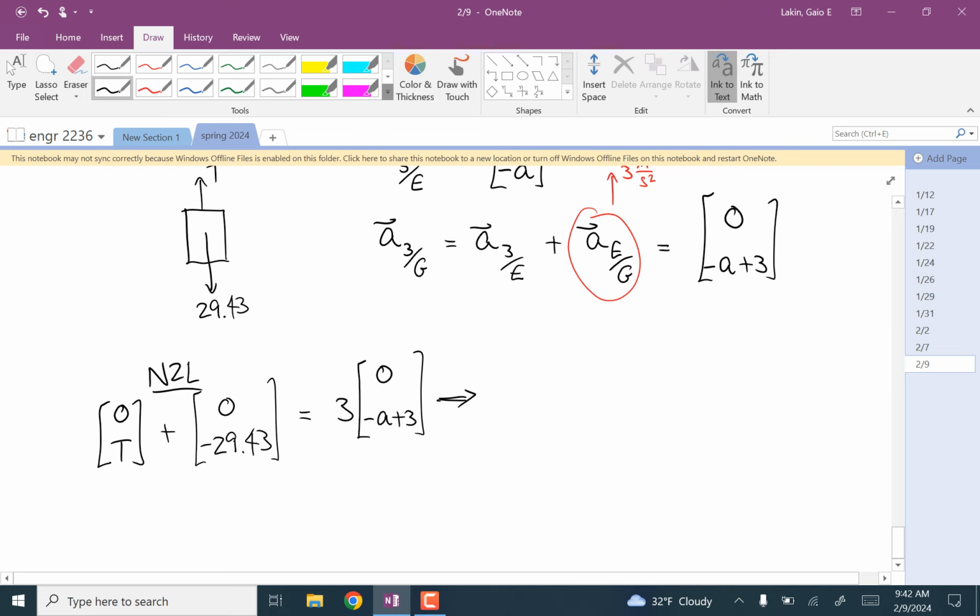And we get an equation that says t plus 3a is equal to 38.43, right?